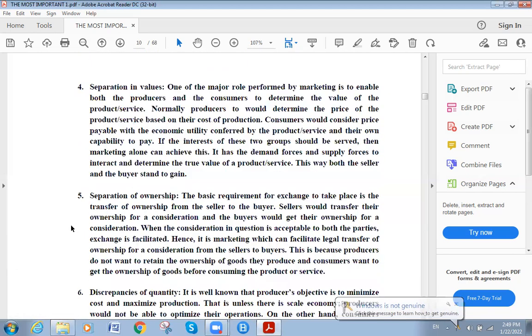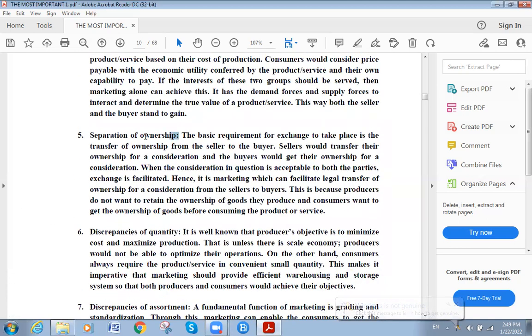Information separation, the same thing. Separation of ownership. When I sell you something that belonged to me, the ownership of it has been shifted from me to you. So by shifting the ownership, marketing overcomes the problem of the separation of ownership.